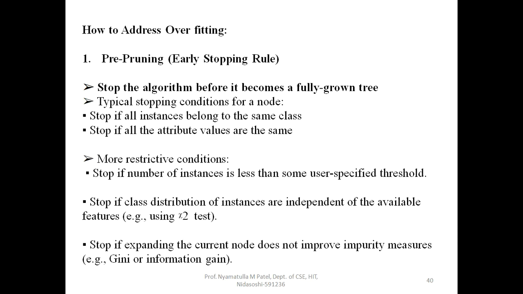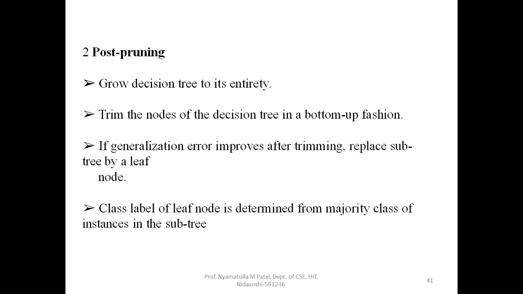If you keep splitting the nodes again and again but the splitting is not improving any impurity, meaning it is not able to eliminate the objects which do not belong to the class, then you should stop splitting or expanding the tree.